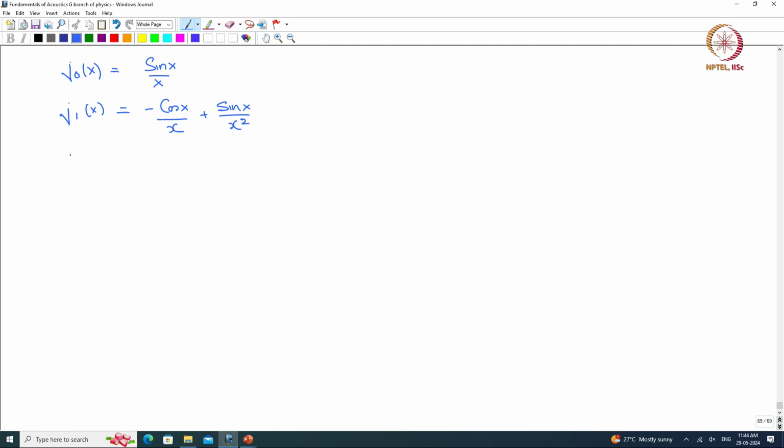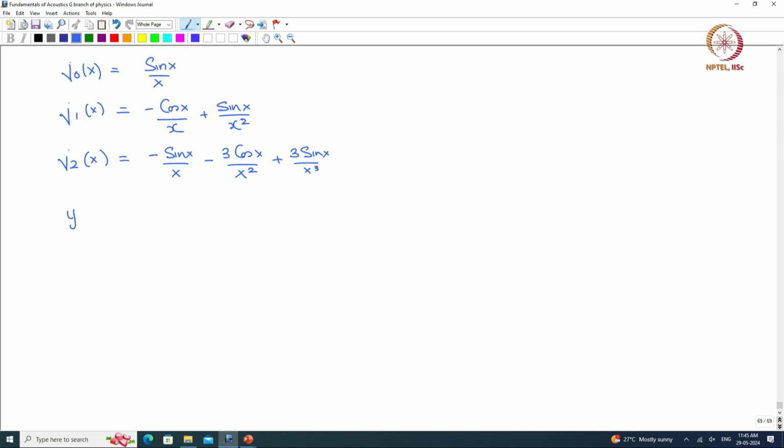Then J2 of x is minus sine x by x minus 3 cos x by x square plus 3 sine x by x cube, and so on.